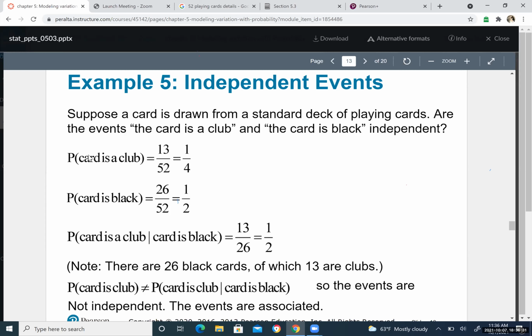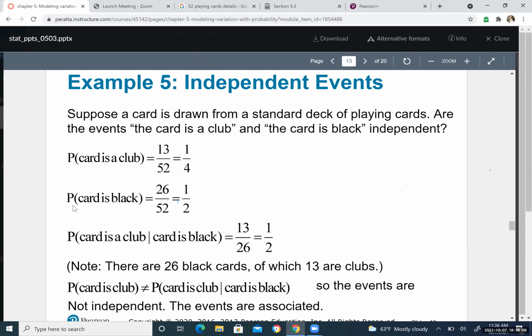So the probability that the card is a club. A club is a black color, right? If we're talking about only the cards that are clubs, then we have a total of 13 club cards, divided by the total number of cards.